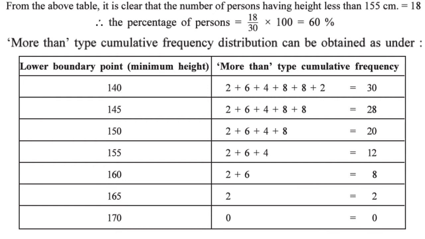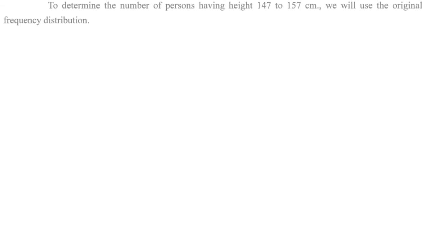The next question was about the number of persons having height 147 to 157 centimeter. Now the original frequency distribution which you have calculated, not less than or more than, you will see that 147 is between 145 to 150, and 157 is between 155 to 160.